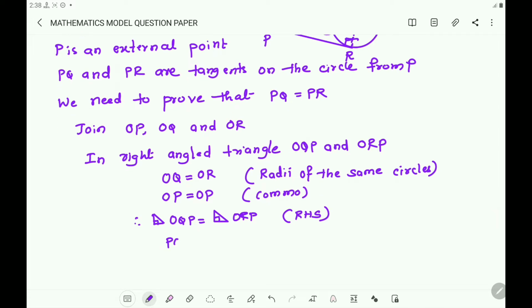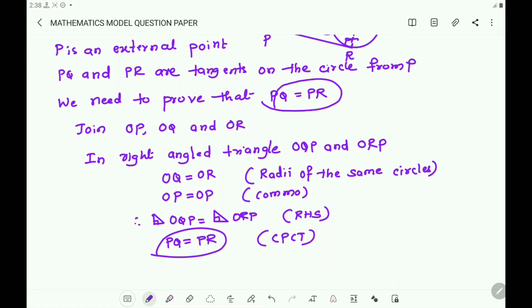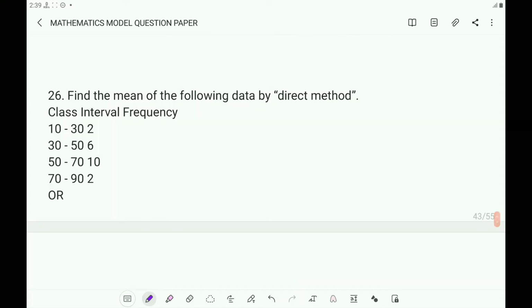And then you can directly write PQ equals PR because they are corresponding sides of congruent triangles. So you give the reason CPCT, corresponding parts of congruent triangles. We needed to prove that PQ equals PR and we got PQ equals PR. In this way, that is the proof.